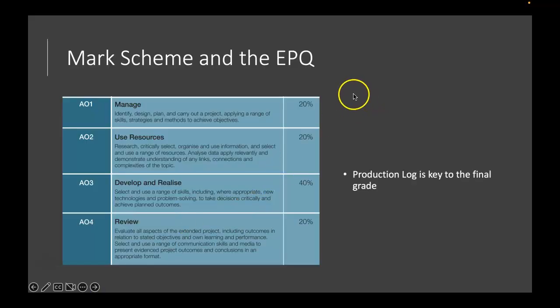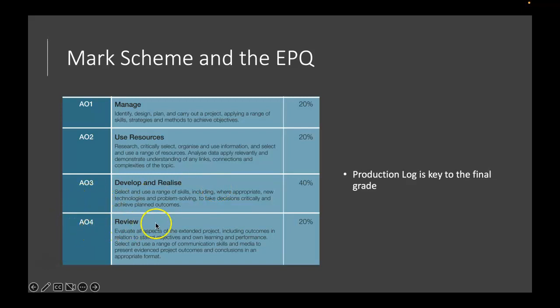Now, just to remind you about the mark scheme, one of the major sources of the mark scheme is the production log. Please can I remind you to tell the students to be really detailed, to show management and planning skills, to talk about how they find their sources and resources, and most of all, to talk about their problem solving, their decision making, their creative problem solving strategies.